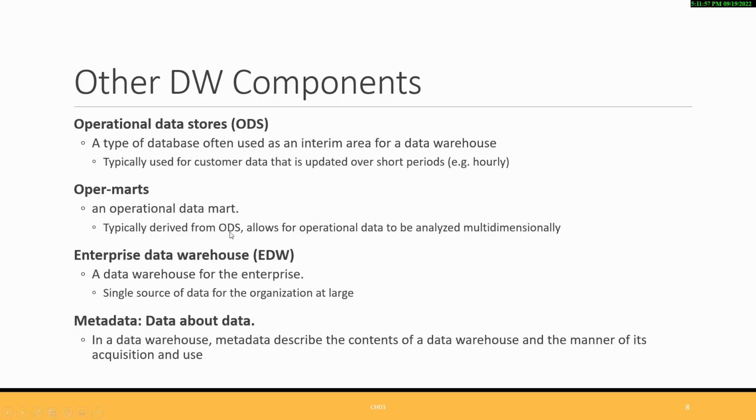These are typically derived from the operational data stores, and it allows for operational data to be analyzed multidimensionally. An enterprise data warehouse is a data warehouse for the entire enterprise, and it serves as a single source of data for the organization at large. Also, in your data warehouse, you would be storing metadata, which is data about the data.